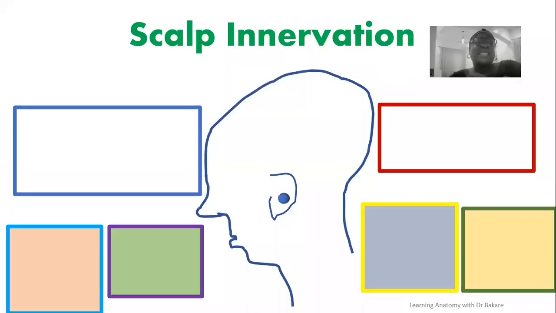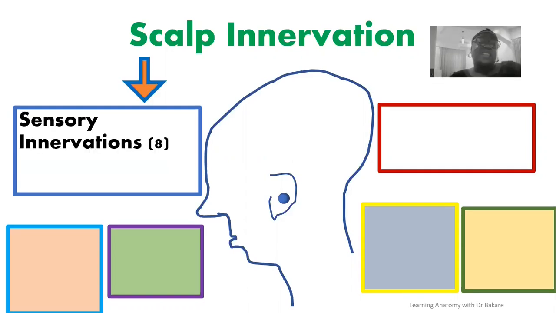So in studying the innervations of the scalp, we would be dividing them into 2 broad classes. We have the sensory innervation, which is known to carry sensory impulses and interpret and analyze them. This is carried by 8 different branches from both the trigeminal nerve and the cervical spinal nerves.